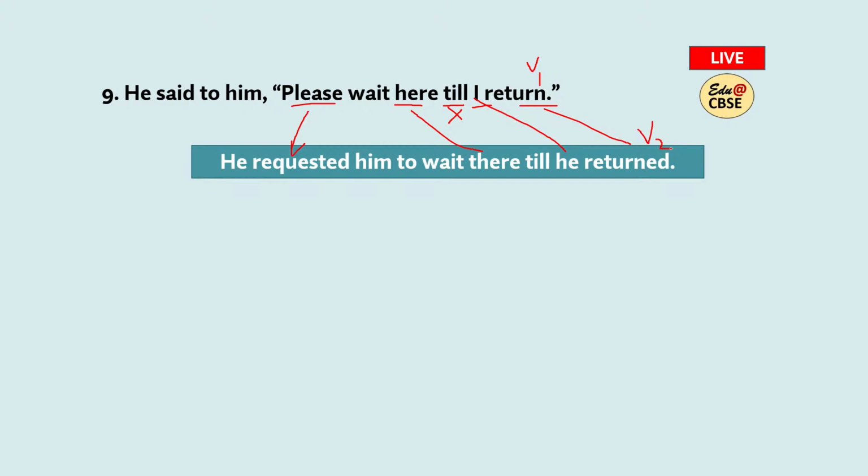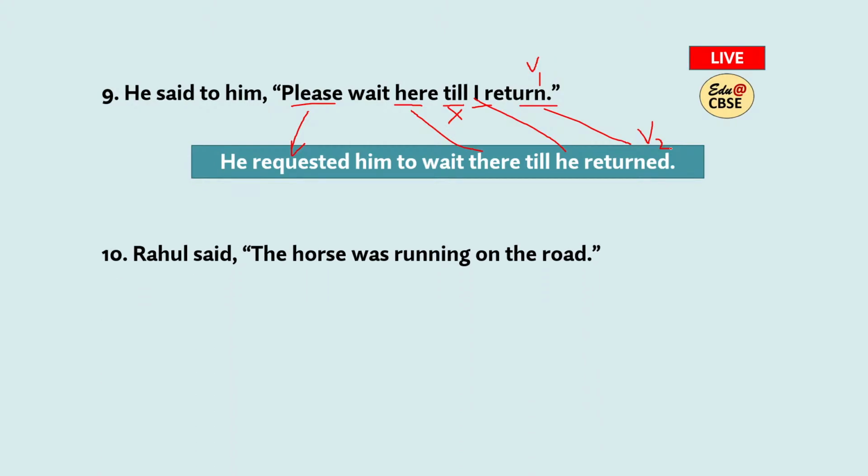Now the 10th sentence for reported speech. Rahul said the horse was running on the road. Now in this sentence again you are going to make a very common mistake that all of you always make. So let me see who gets this 10th sentence correct. I am waiting for the correct answer.